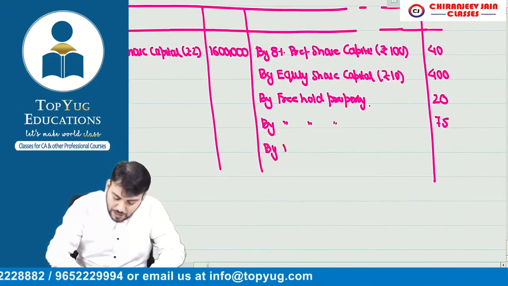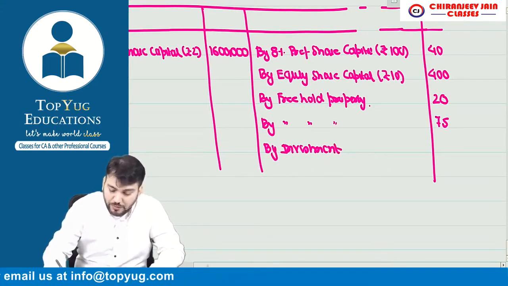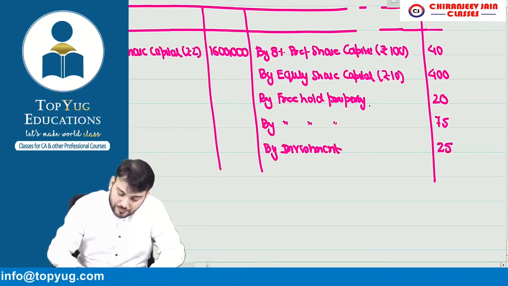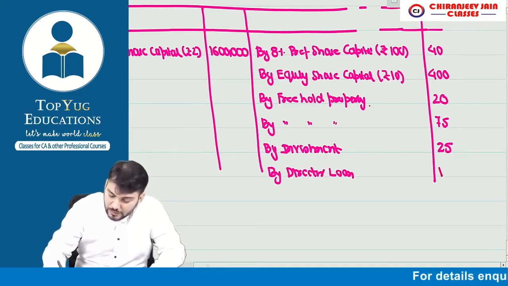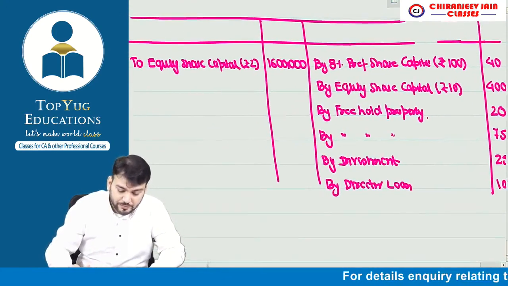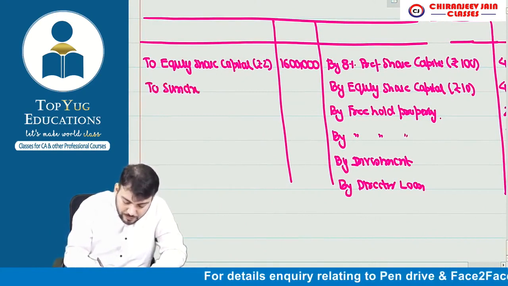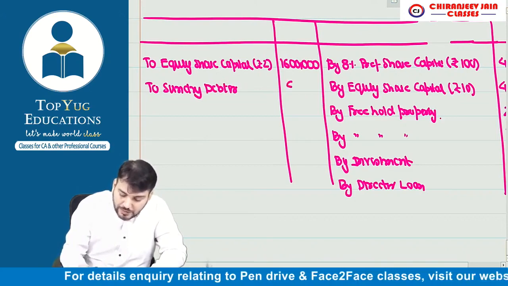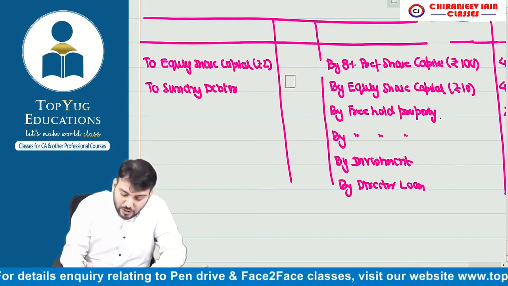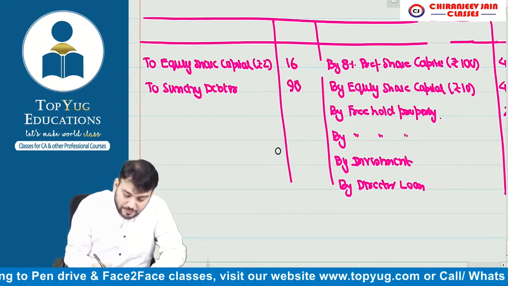Then investment was sold, and there was a profit of 25 lakh. Then buy director's loan, it is 105 lakh. Then to sundry debtors, that is 60, I wrote it fully, sorry, it will be 16 lakh. This is 90 lakh.